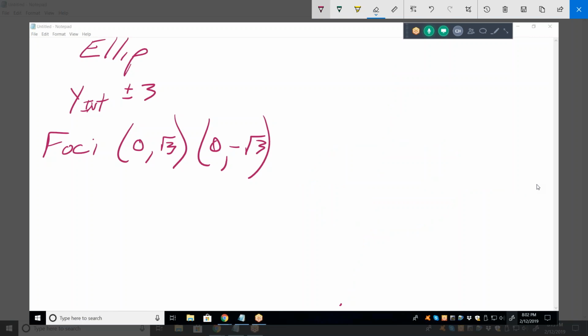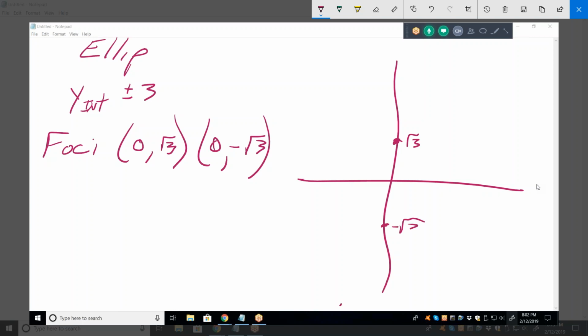If I graph those foci, they're at 0, square root of 3, and 0, minus square root of 3. And we know the foci are in the ellipse like that.